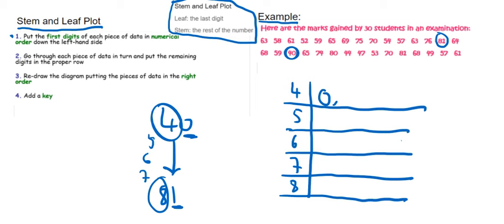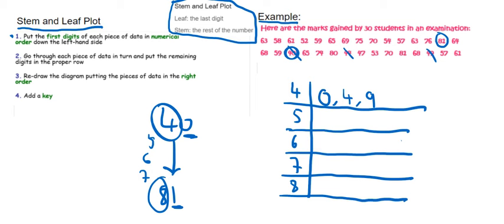So you're going to separate each of your leaves by a comma. So 40 is put in already then. So we've got 44 there, and we've got 49. So those are all gone.